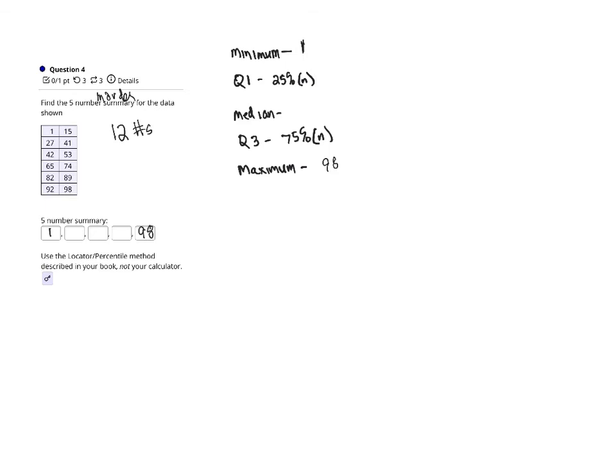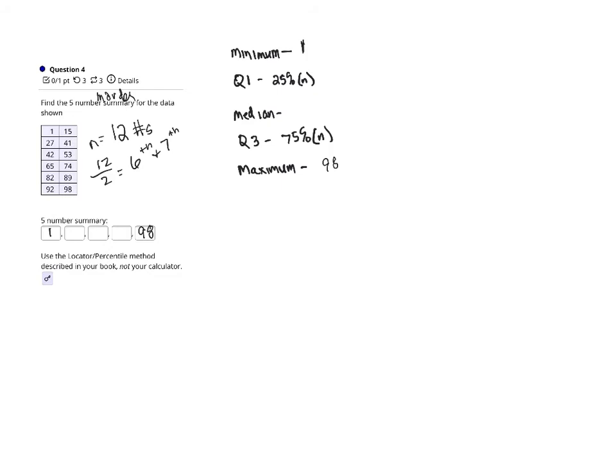Then we're going to figure the median. Take the number of items we have, remember, this is the n. Divide by 2. That gives us a 6. So that means we have to look at the 6th and 7th number. When there's an odd amount of numbers, we have one middle number. But when there's an even amount, you're going to have 2 middle numbers.